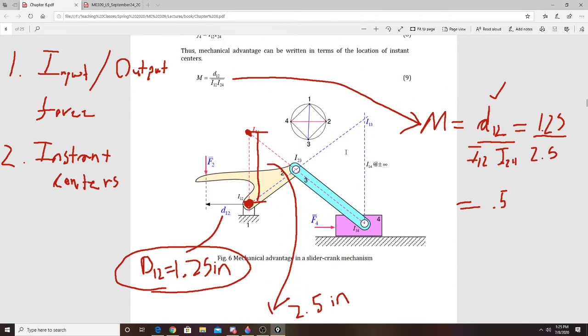Our input force was obviously F2, and F4 is the output. So essentially you are getting 0.5 here. So for example, let's say I put 100 newtons in here, we are getting 50 out over here. Does that make sense? Hopefully that makes sense.